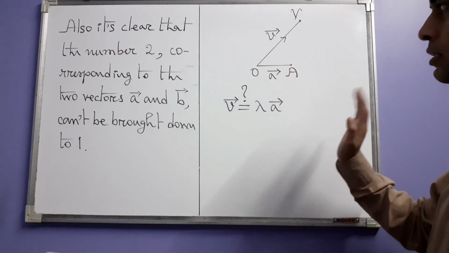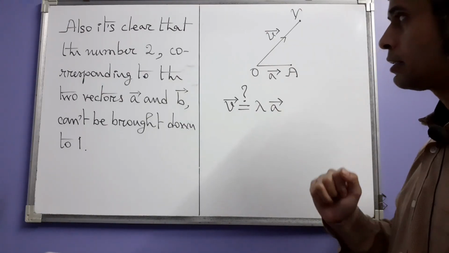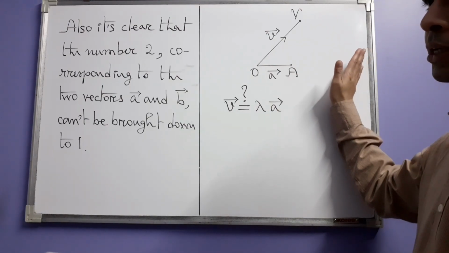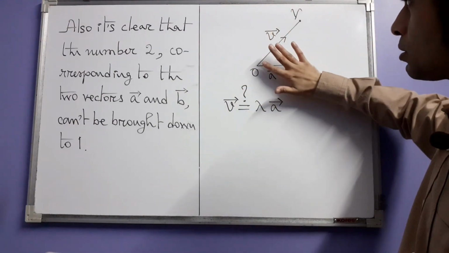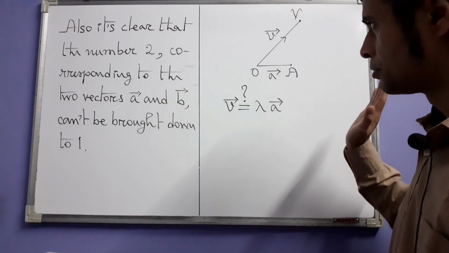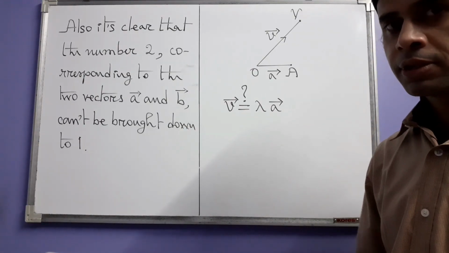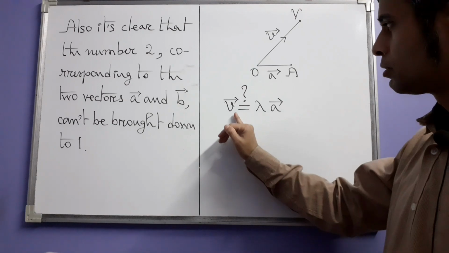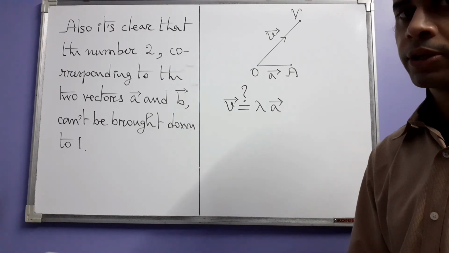There are other representations also, but say we are choosing this. Now is it still the case that if you consider some abstract vector V, any vector whose representation OV lies in this plane, that is also expressible like this? Now there is no B, so what about having V as lambda times A? Is that possible? No, that is no longer possible.